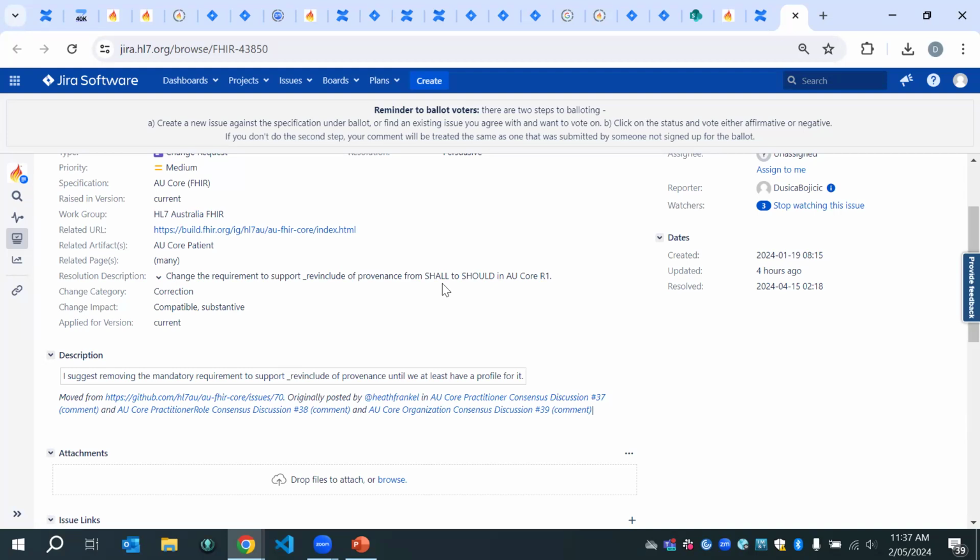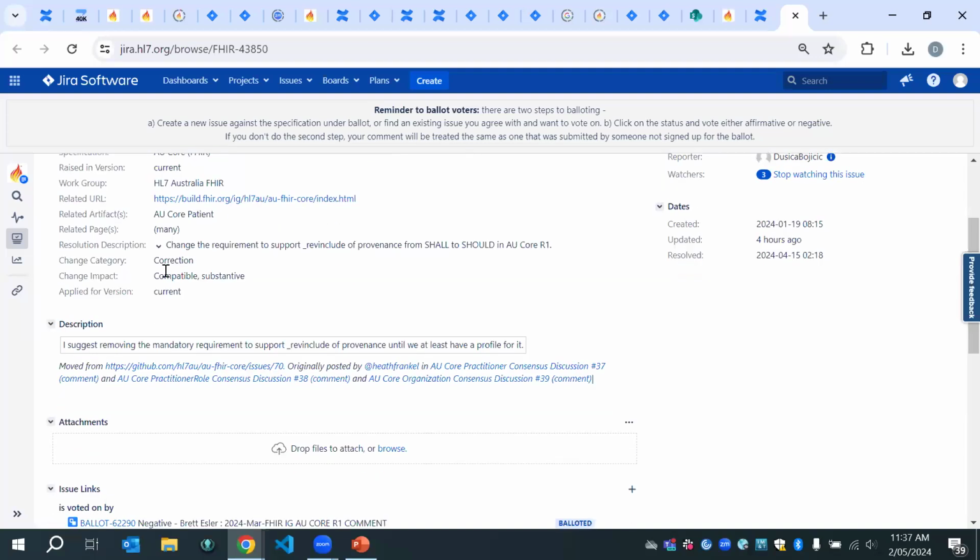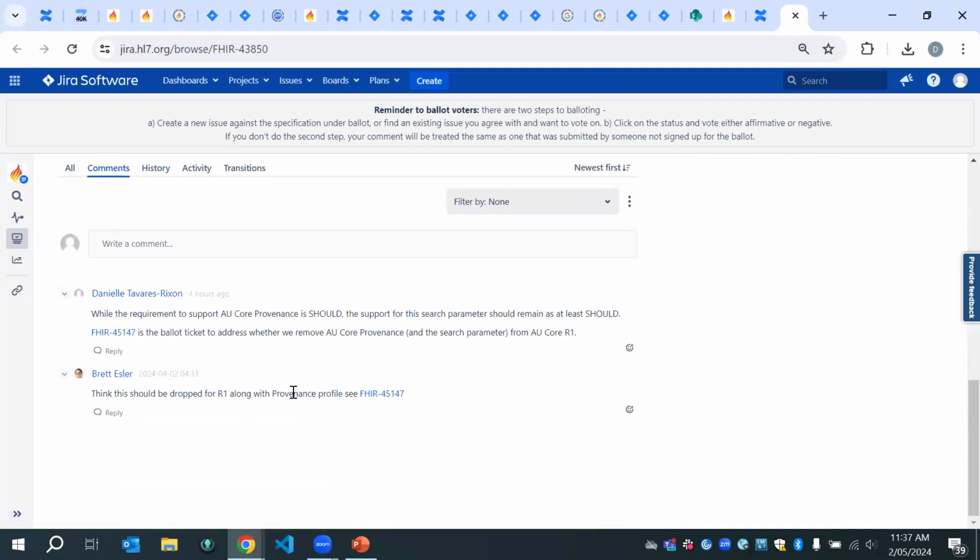Again, I saw on the slide "may". What will be the difference between shall and may then? Probably I'm going into details too much, but... The difference between shall and may is we don't really even list may unless we think it's relevant. We can talk about it further. There is another provenance ticket coming up, which is actually to remove the provenance profile from AU Core R1. Because the provenance profile itself is should, I think the support for this search parameter should remain in line with the intended use of what's described as the AU Core provenance profile.